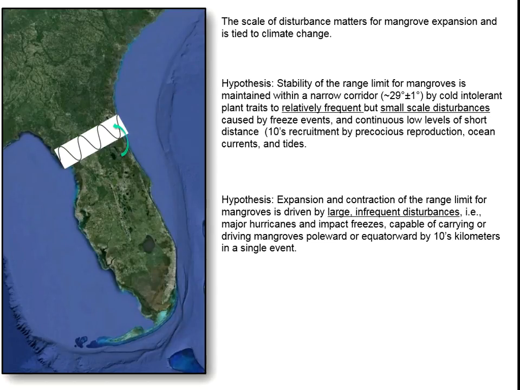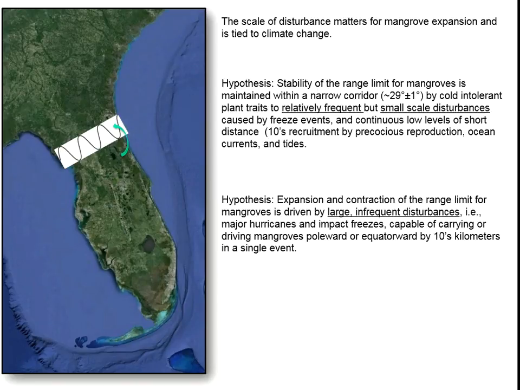So you get these frequent but relatively small disturbances that create this sort of stable setting. But every so often, you get these really big events, like a hurricane. And not just any hurricane, a big hurricane that comes up the coast, comes late in the season, so it has a potential of picking up lots of propagules from many places further south and just mixing them up.